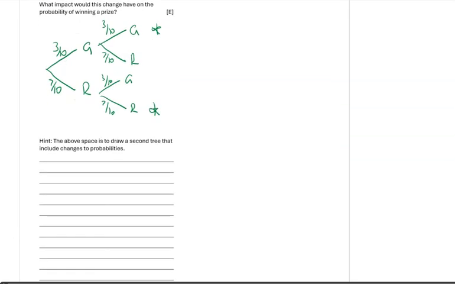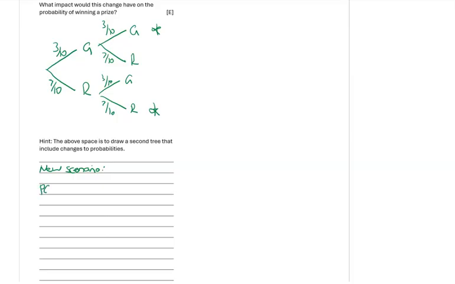So we need to figure out, what's the probability of winning a prize based on this new scenario? So let's go new scenario. So the probability of green, green is going to be 3 out of 10 times by 3 out of 10. Remember, that was the two probabilities multiplied together. So that's going to become 9 out of 100.